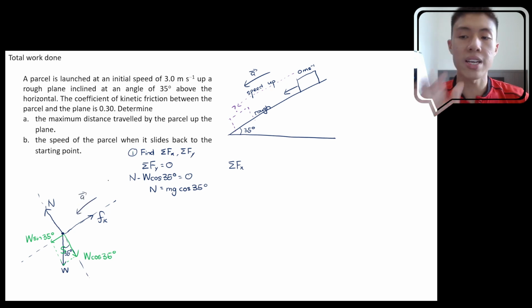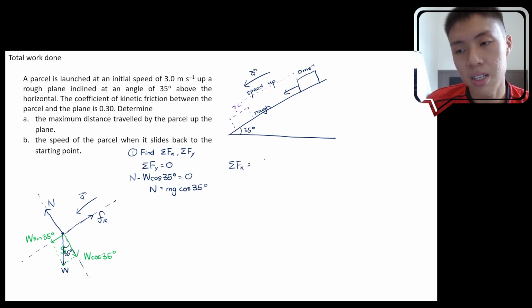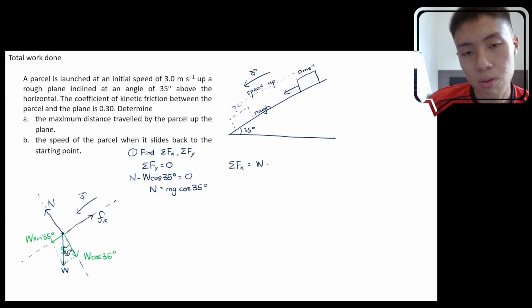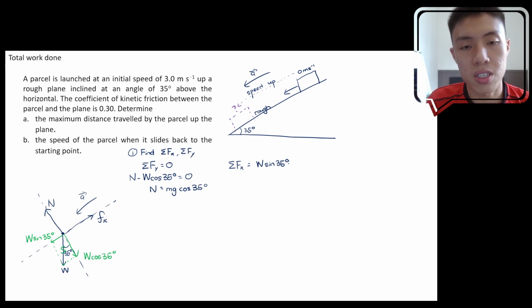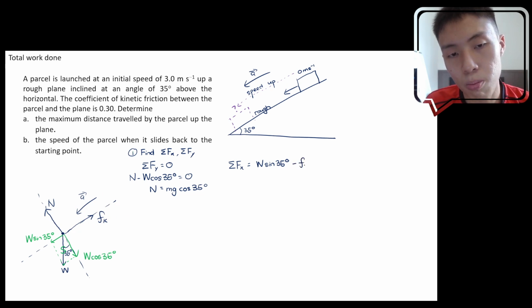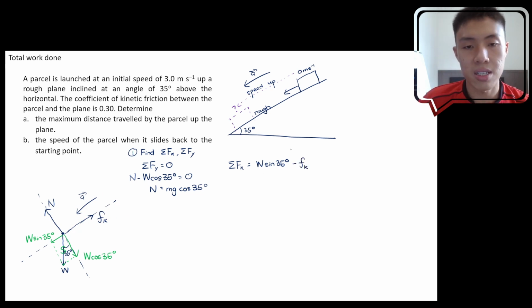So because you know that acceleration is down the slope, for your sum of fx, you take the forces down the slope, which is w sine 35, to be positive, because it follows the direction of acceleration. Whereas the force that is opposing the direction of acceleration, which is kinetic friction, we consider as negative because it's opposing the direction of acceleration.